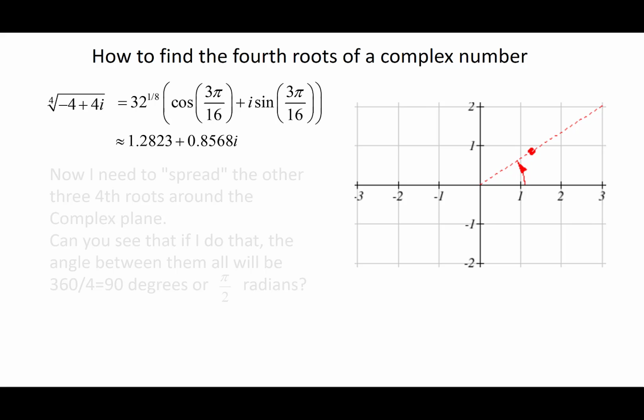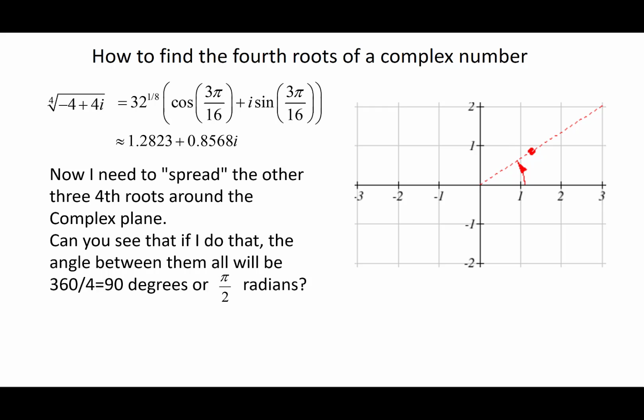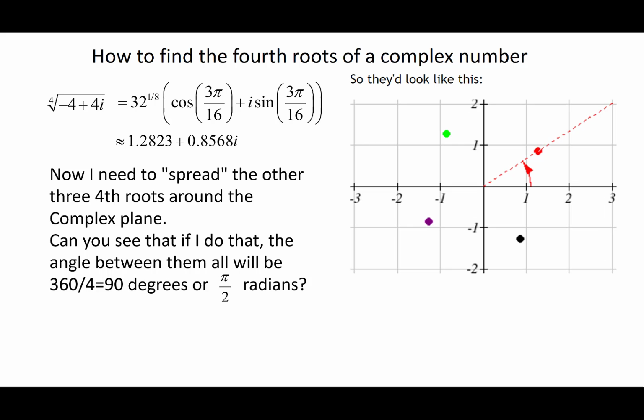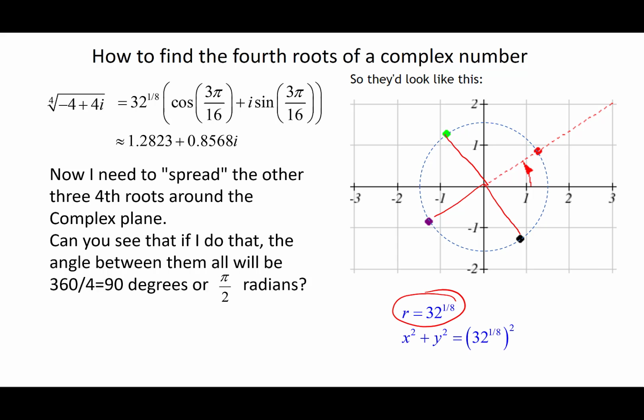Okay, so here's the picture again, and we're going to spread the other three around the complex plane, which will look like this, right? Can you see how all the angles between these, if I was going to draw angles here, they'd all be 90-degree angles or pi halves radians, and I'm talking about spreading them around the circle r equals 32 to the 1/8, or if you like the Cartesian equation for a circle, x squared plus y squared is 32 to the 1/8 squared, r squared.